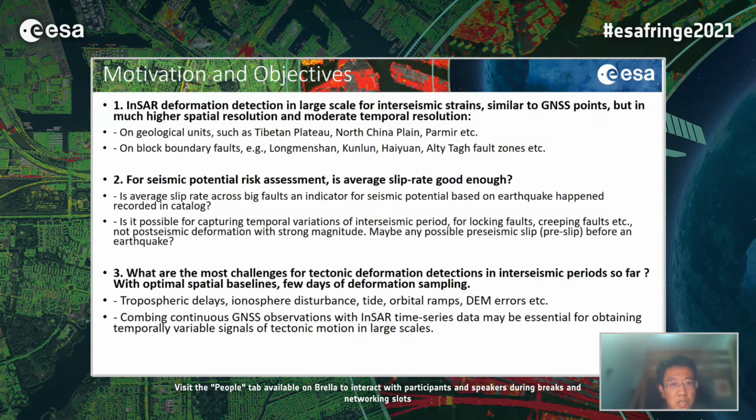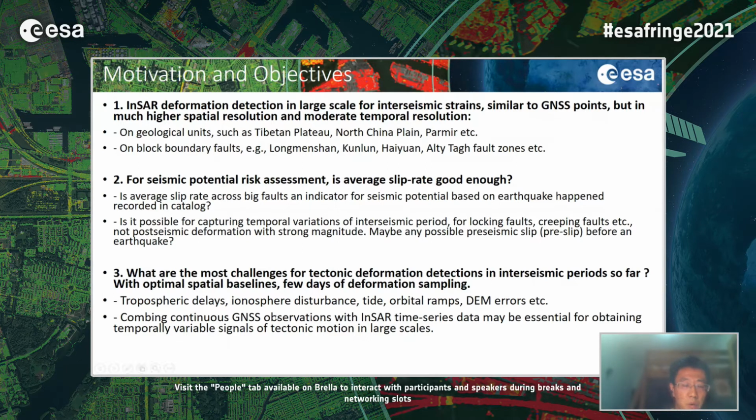InSAR deformation at this large scale for interseismic strain detection is similar to GNSS point measurements. So we can use it for large-scale interseismic deformation detection, because InSAR data is at very high spatial resolution, but with a 6 or 12 day temporal resolution.